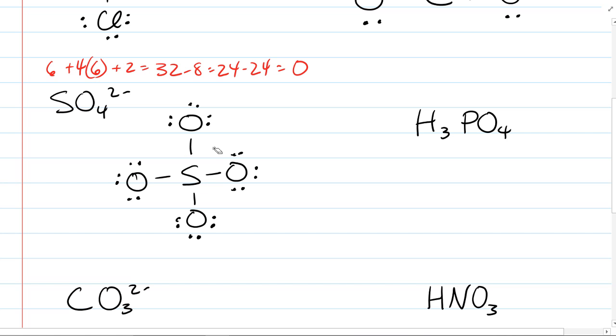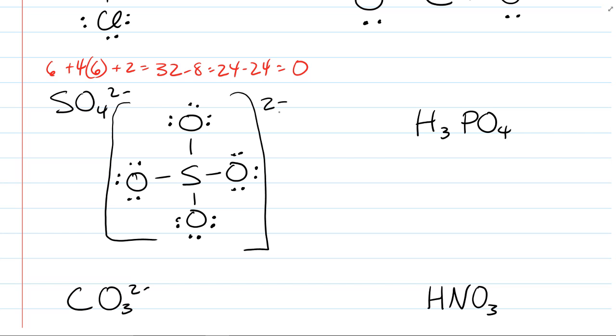It is, so we've satisfied the octet rule for all of them. There's only one thing left to make this technically correct, and that would be square brackets. Somewhere in the structure we have 2 extra electrons, so we put square brackets around the entire structure and write the 2 minus charge outside. Any questions on this one?